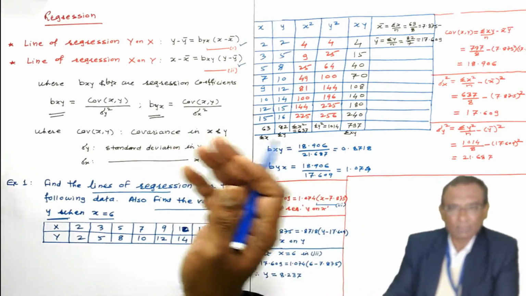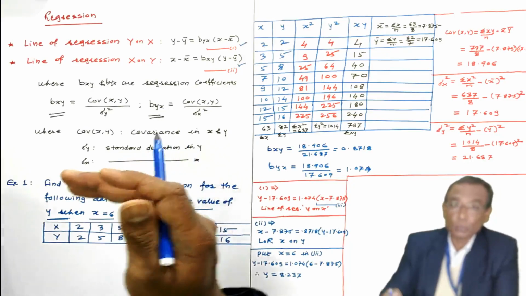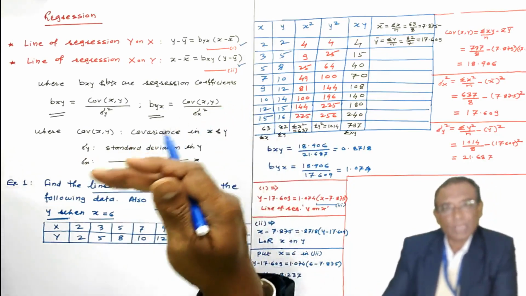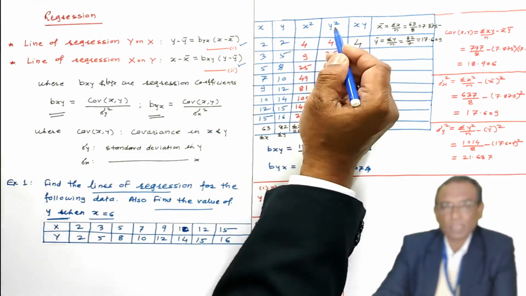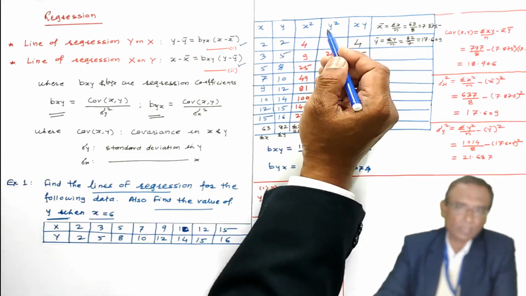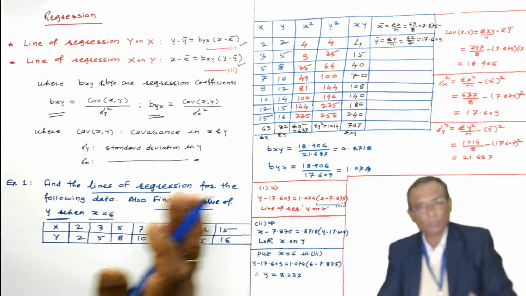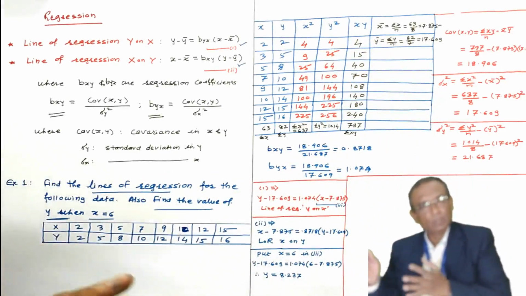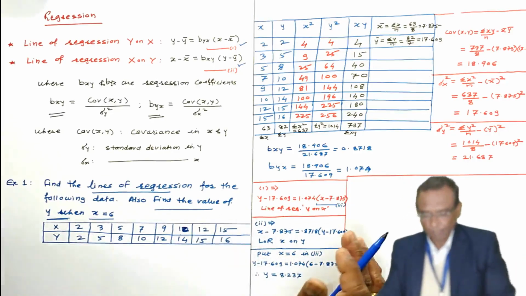In that case, you can use the assumed mean also. You can use the actual mean also. Just replace x and y by u and v and try to solve it. The concept is the same. You can use mean deviation, you can use assumed mean deviation, and you can solve it.